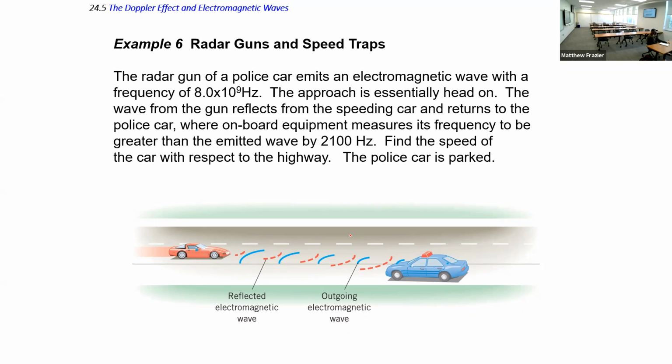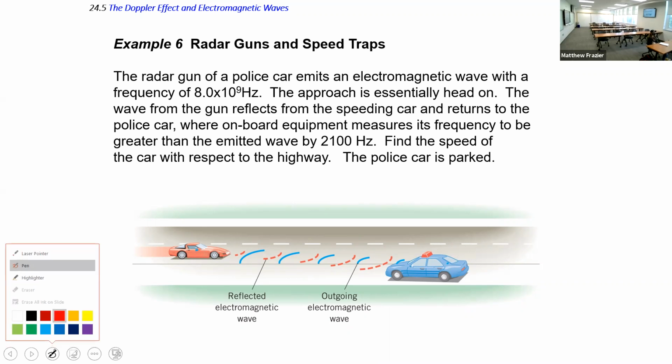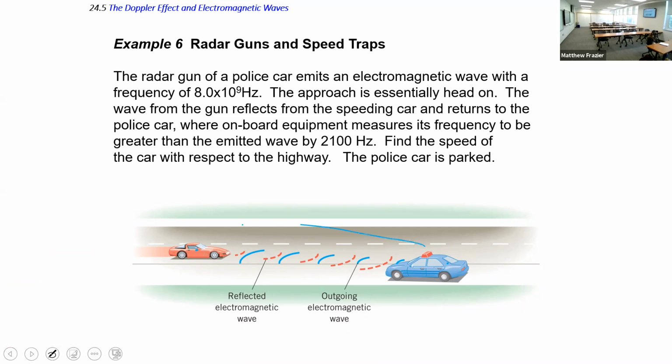So if you have a radar detector in your car, what's going to happen is, let's try to put this in colors matching this diagram. The wave travels out to you. So there is the frequency that the cop sends out.